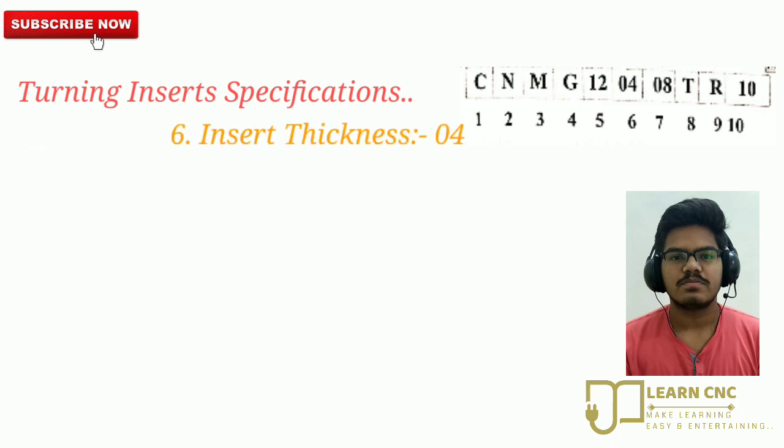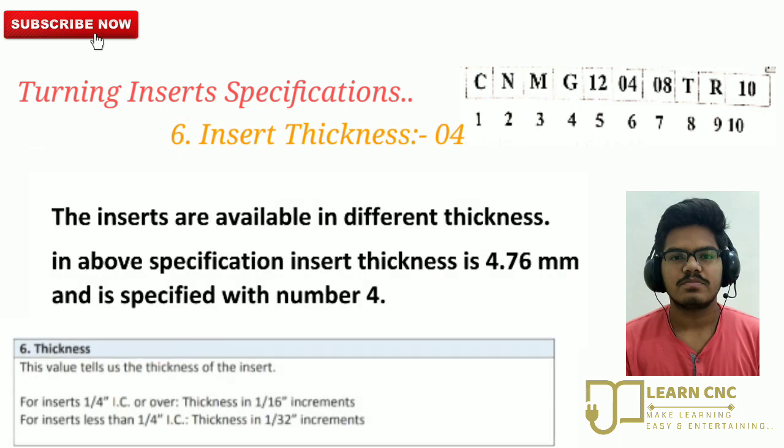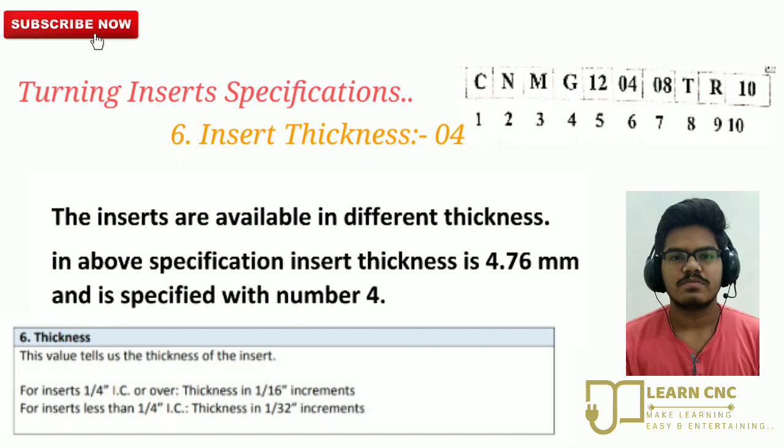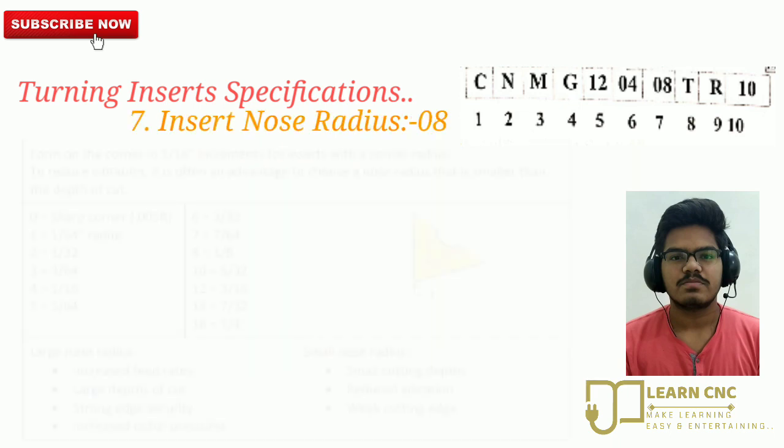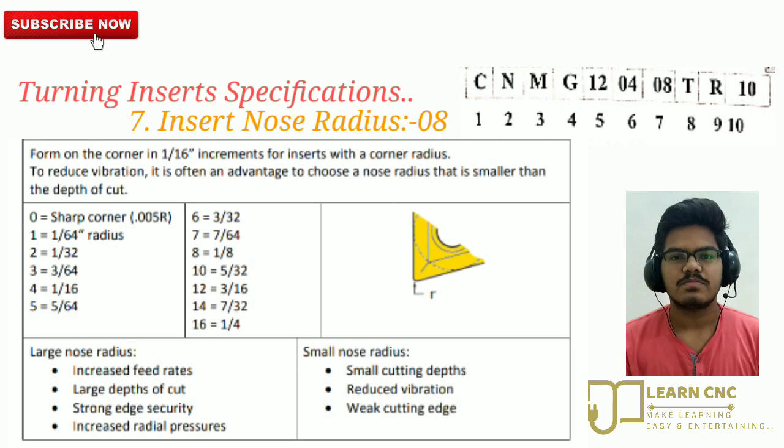Now the sixth one is insert thickness. Inserts are available in different thicknesses, and in the above specification a 4.76 mm insert is chosen and specified with number 4. The seventh one is insert nose radius. The inserts are available with different nose radii.